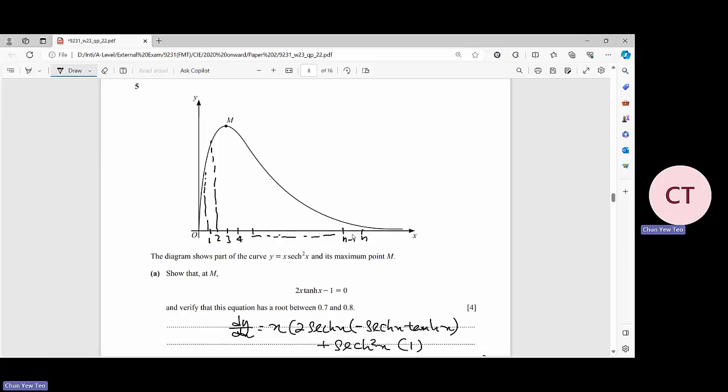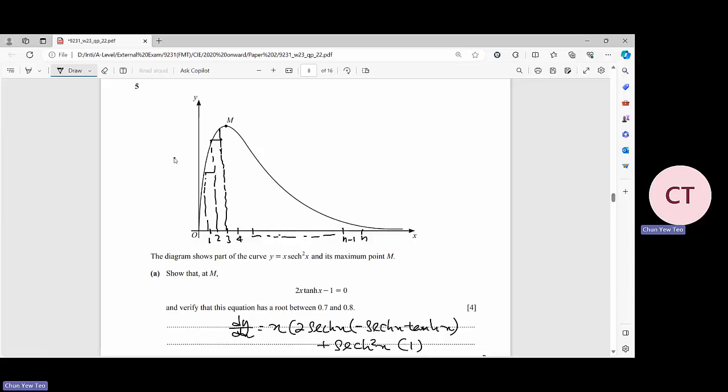Then if you want the area of rectangles to be less than the integration, that means the rectangles that you choose must be shorter. Okay, so this one is just a sketch, just for you to get the idea how it works.